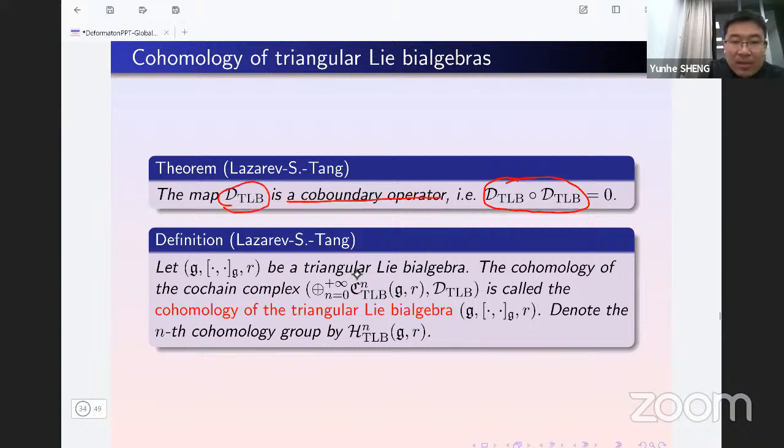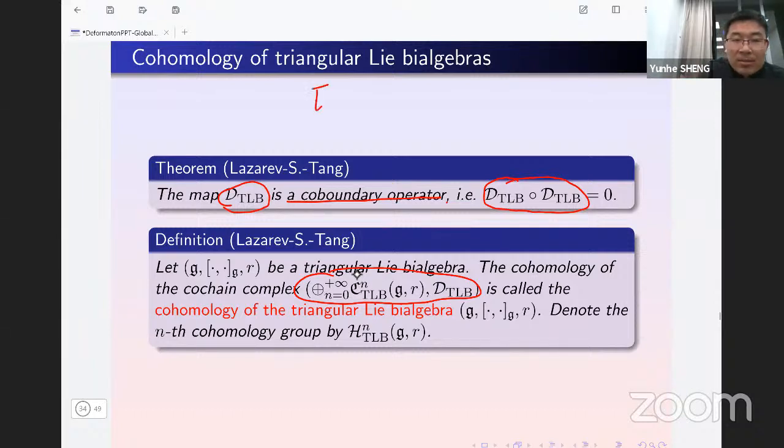And then we can give the following definition. So let GR be a triangular Lie bialgebra, and then the cohomology of this cochain complex is called the cohomology of the triangular Lie bialgebra. The same as before, we can study infinitesimal deformations or formal deformations of a triangular Lie bialgebra.